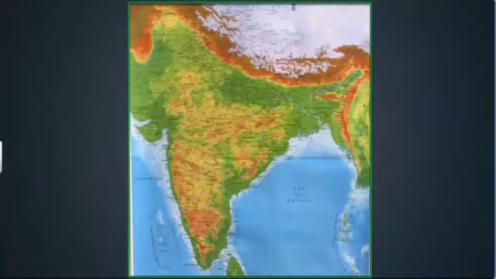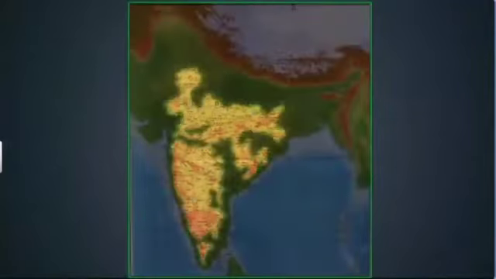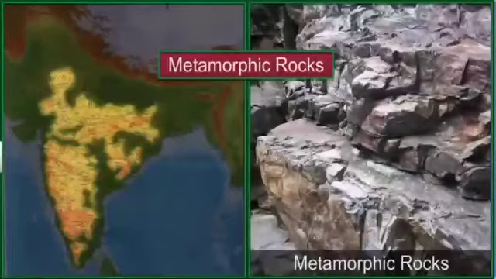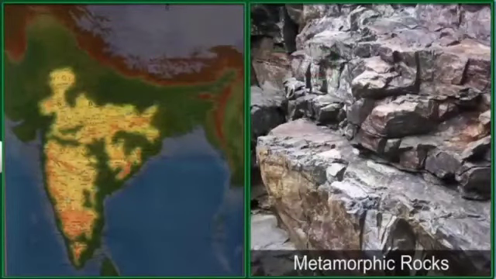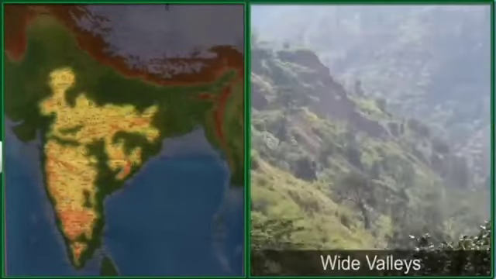Different physical features of India were formed at different times. The oldest physical feature is the Peninsular Plateau. It is composed of igneous and metamorphic rocks, and has hills and wide valleys.